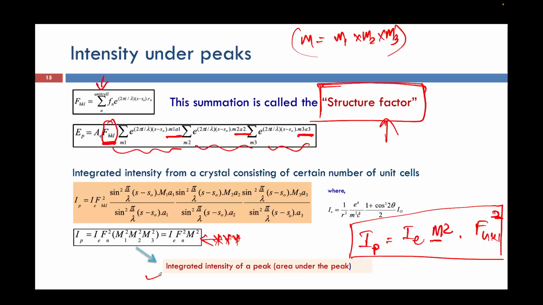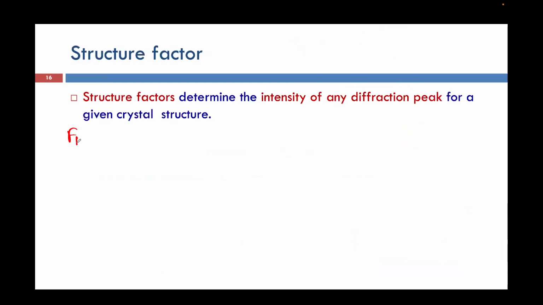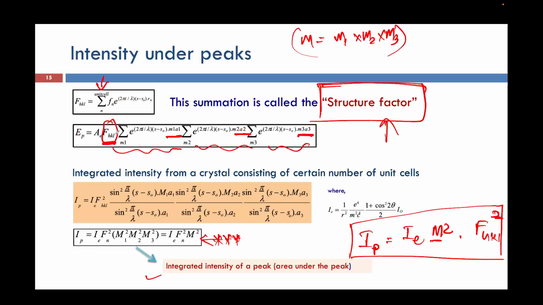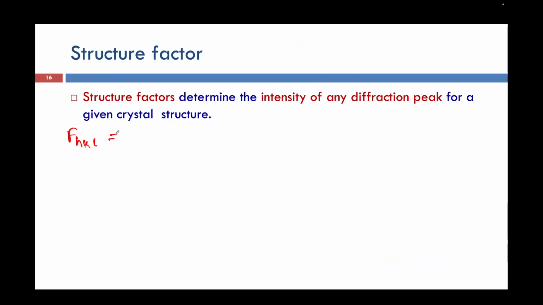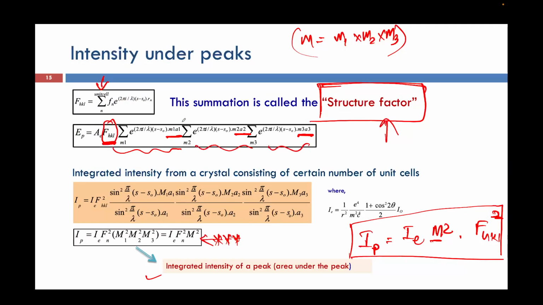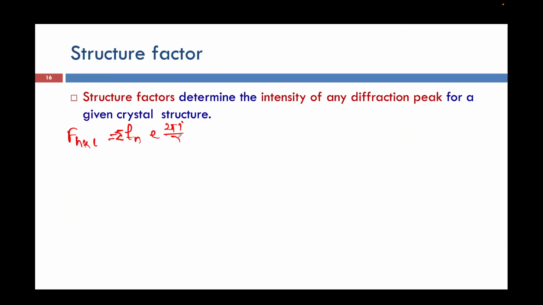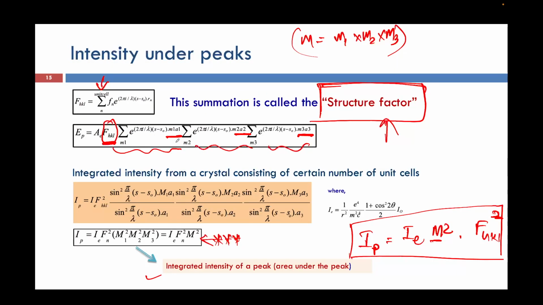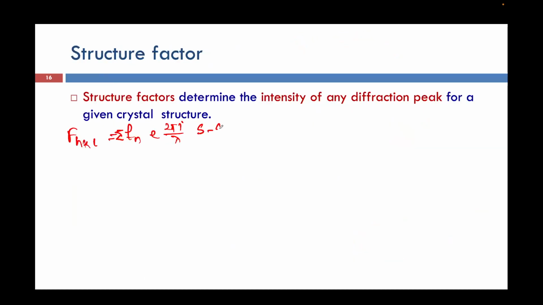So here, let me write down this expression once again. F_HKL is equal to the summation of Fn e to the power 2 pi i by lambda (S minus S naught) into Rn.